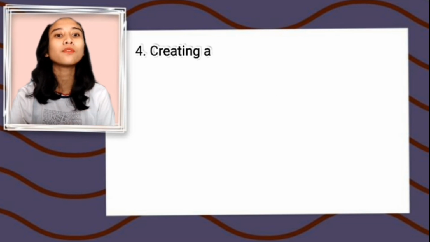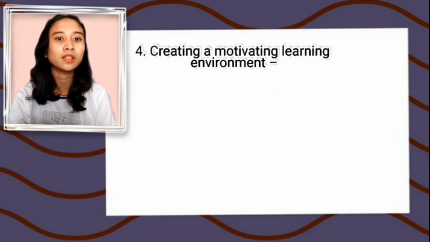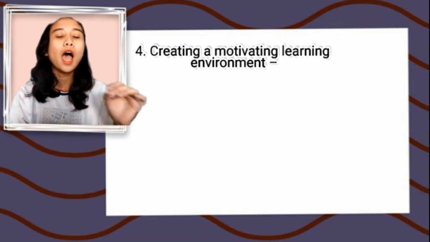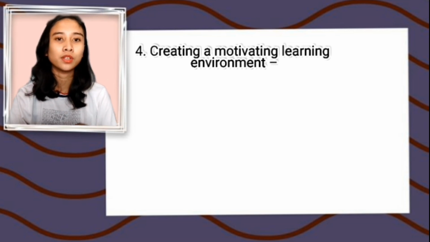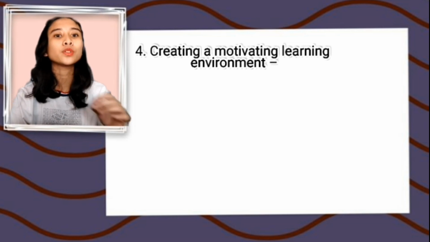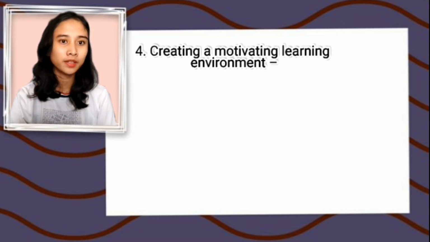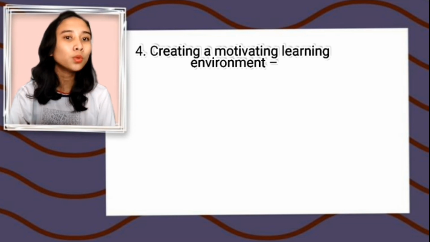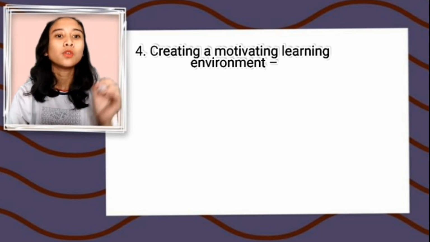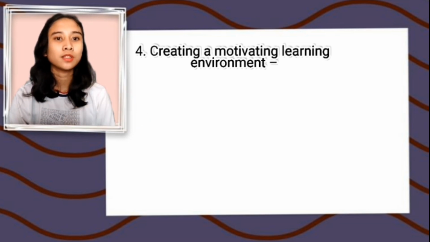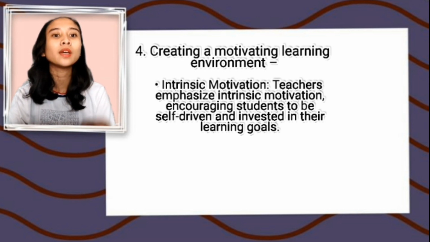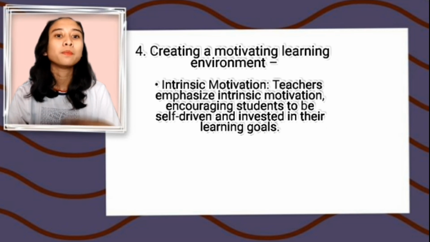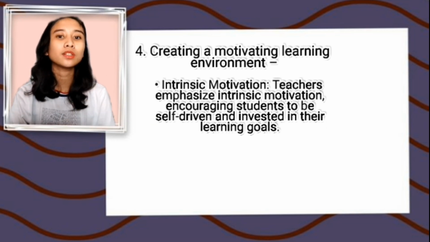Number four, we have creating a motivating learning environment. A classroom should be more than just a place for learning. It should be a place where students feel inspired. We have two kinds of motivation. Number one is intrinsic motivation. We want students to be self-driven and excited to learn because they find meaning in their studies.